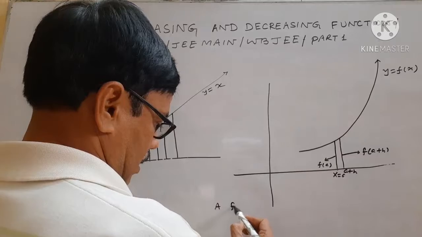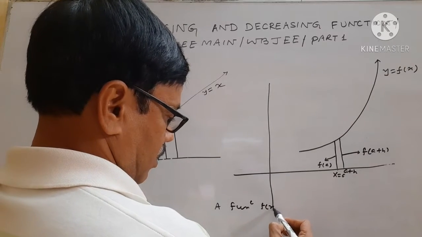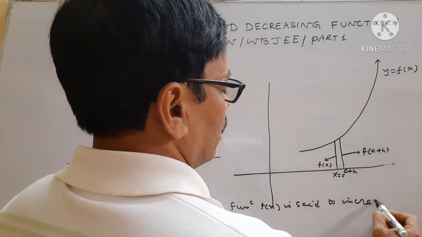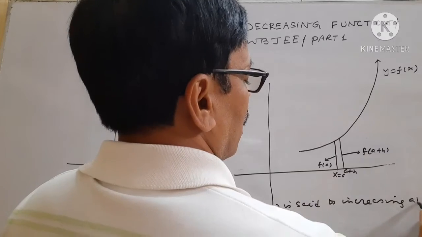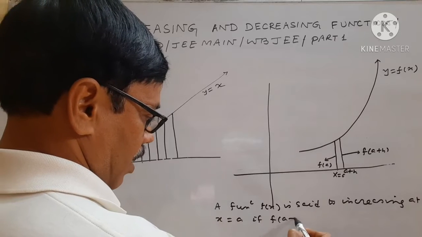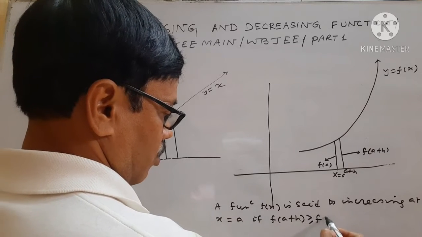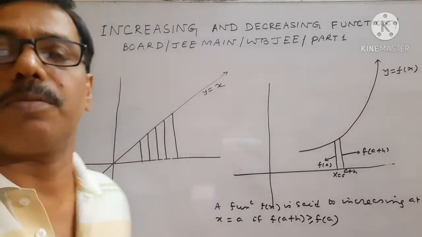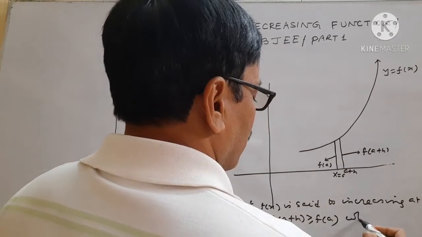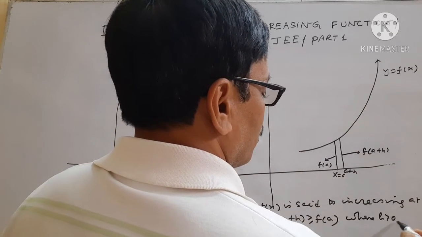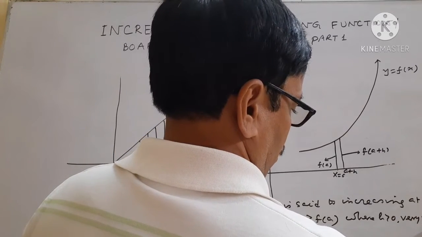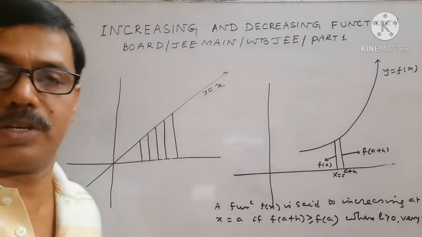So a function f(x) is said to be increasing at x equals a if f(a plus h) is greater than or equal to f(a), where h is greater than 0 and very small. So this is the definition.